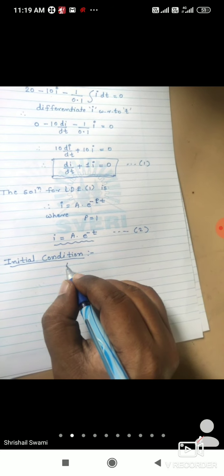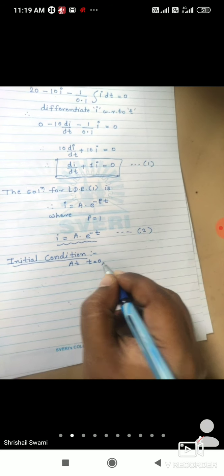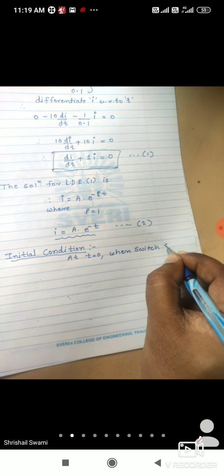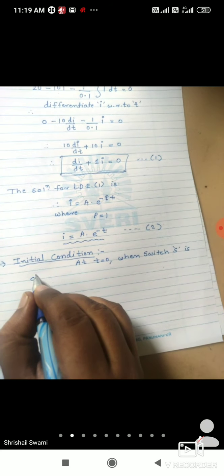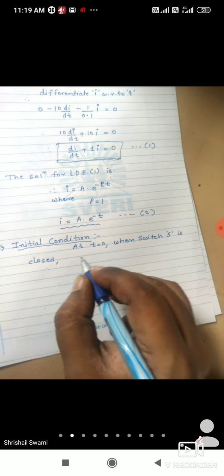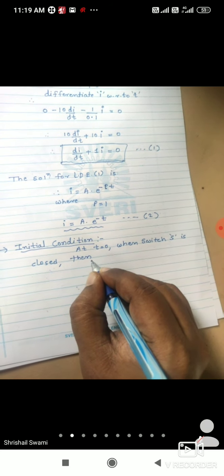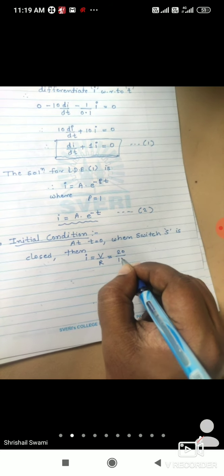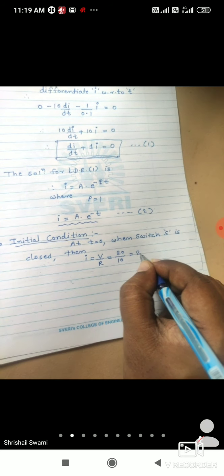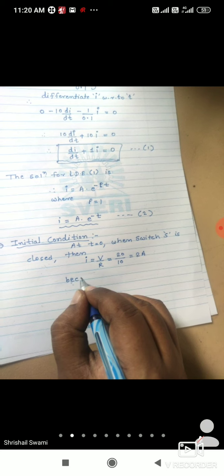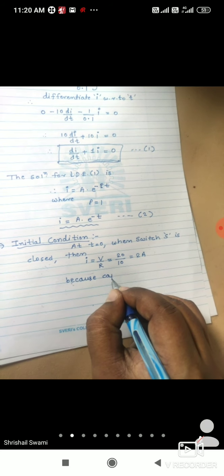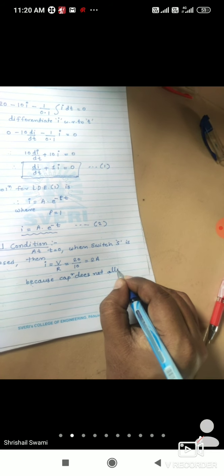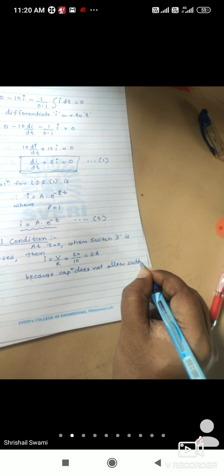So at t equal to 0, when the switch is closed, then the current I in the circuit is V by R. That is V is 20 volt and resistor is 10, that will give 2 ampere, because the capacitor does not allow sudden change in voltage.